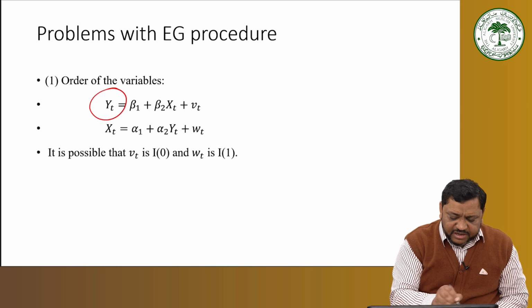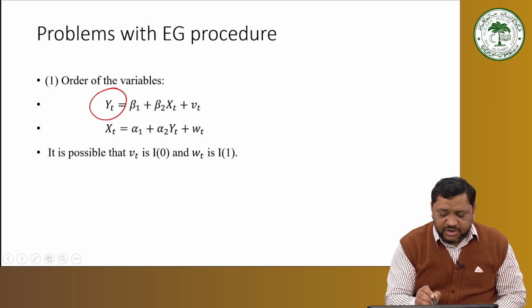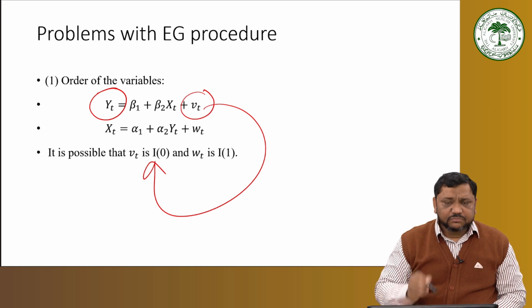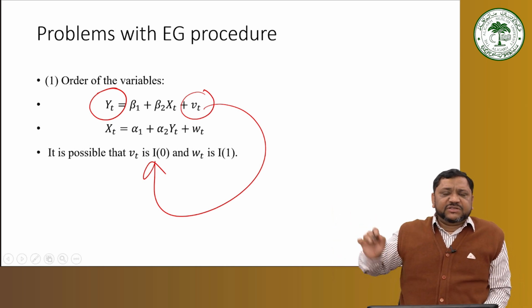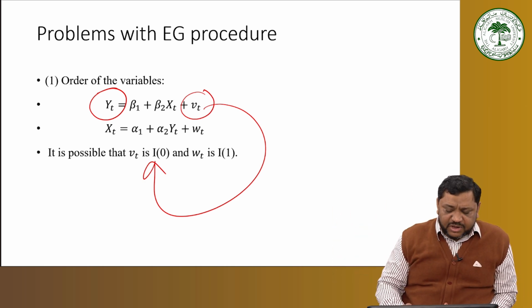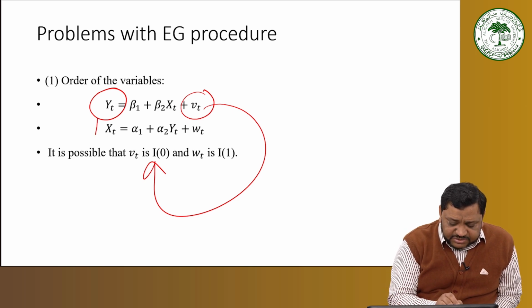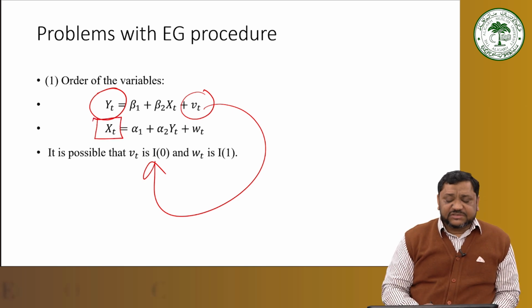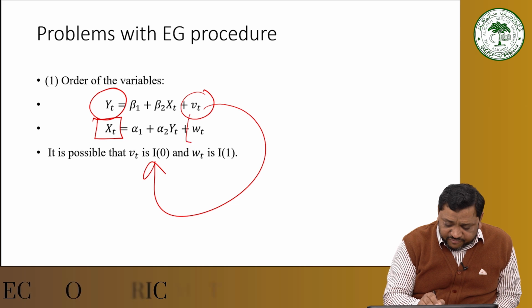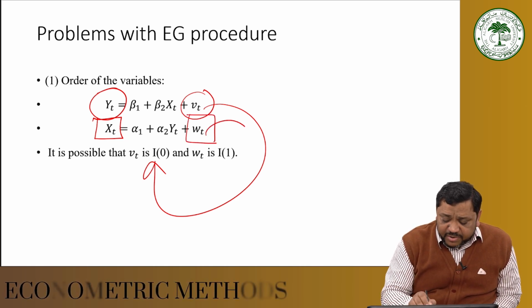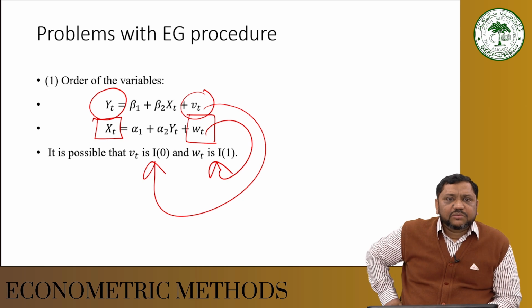So if you take y to be the dependent variable, and Vt is the error term, suppose Vt is fine. Later, when we test this Vt, it is an I0 process. But next time, say we take xt as the dependent variable and yt as the independent variable, and wt is the error, wt may be I1.